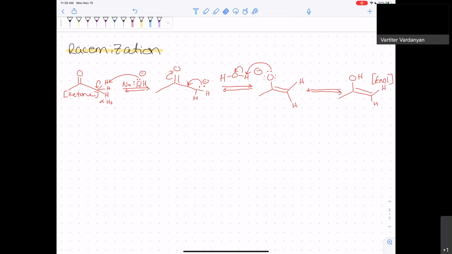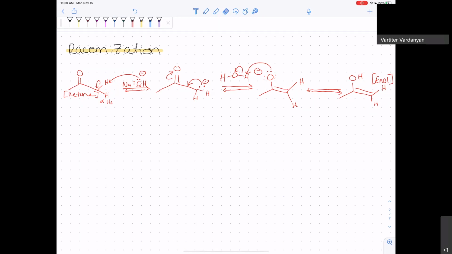Is this part okay? So we know that it could go backwards. If it went backwards from this point, we're going to add a hydrogen back here and reverse everything. In this case, it would make no difference. Everything would still get the same answer.